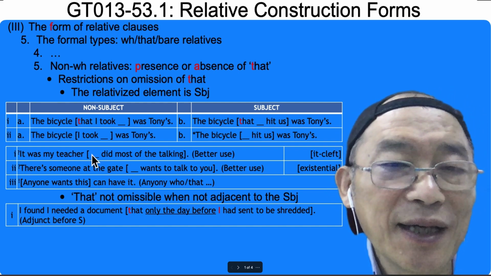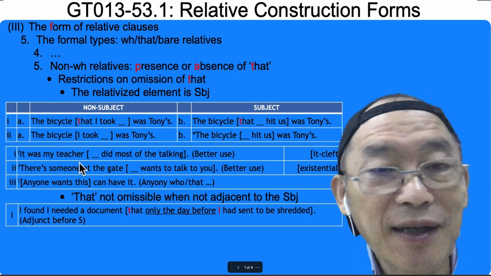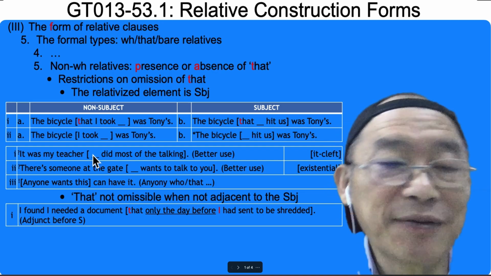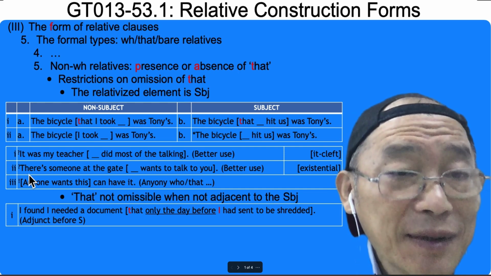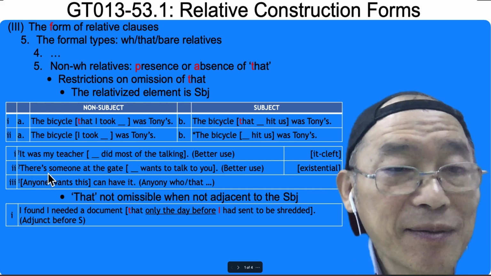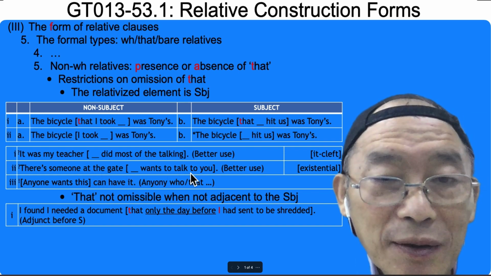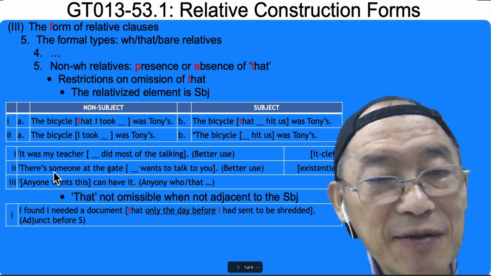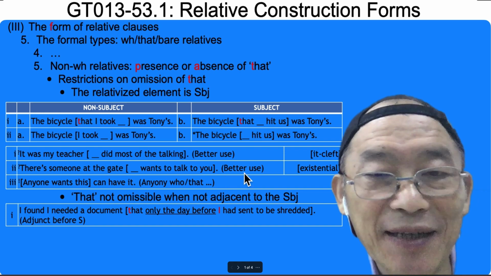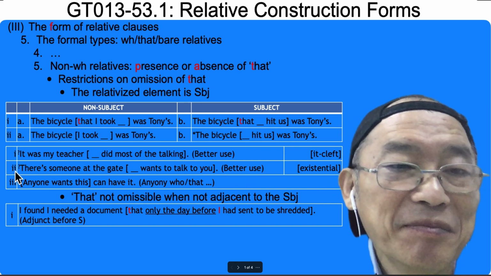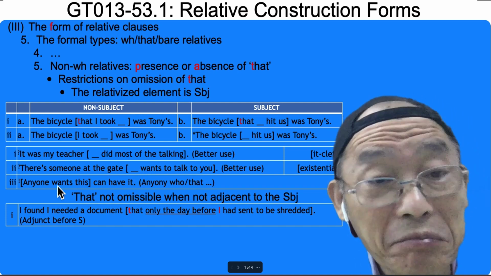It's hard to say, but I suggest you better use that. For existential structures, such as "there's someone at the gate that wants to talk to you," I would also suggest you better use that. Some people would use it, some would not.